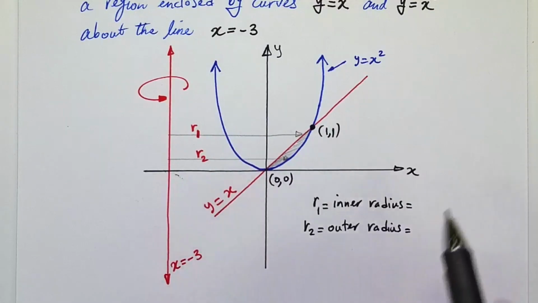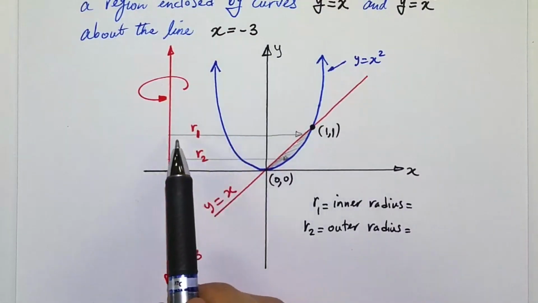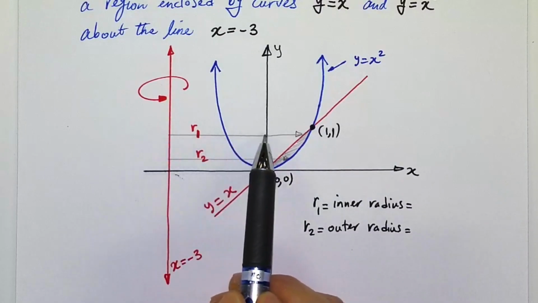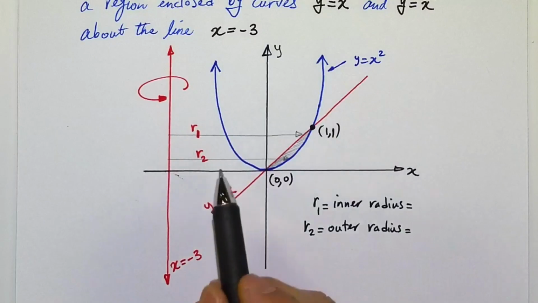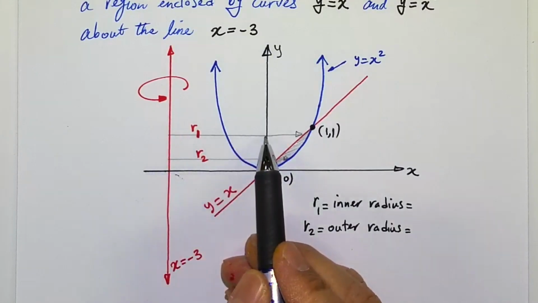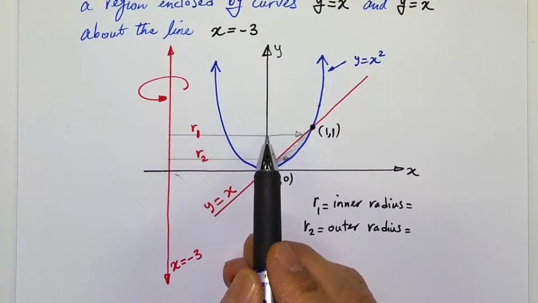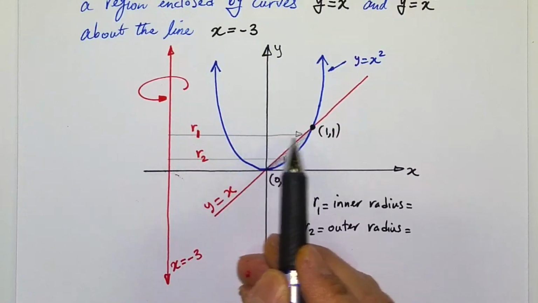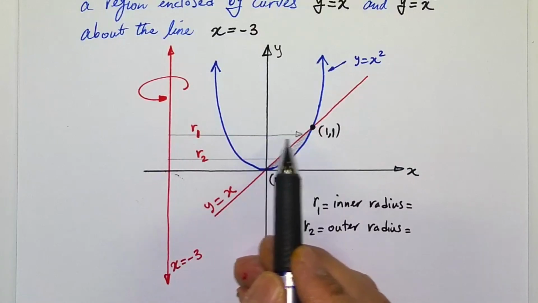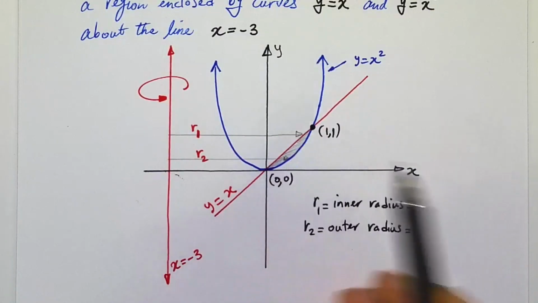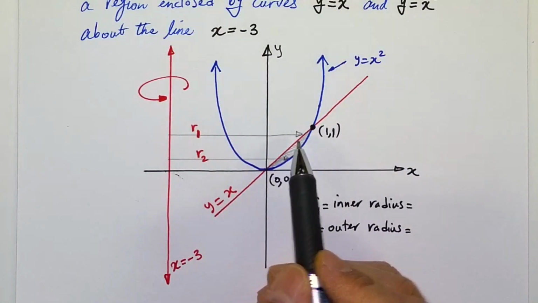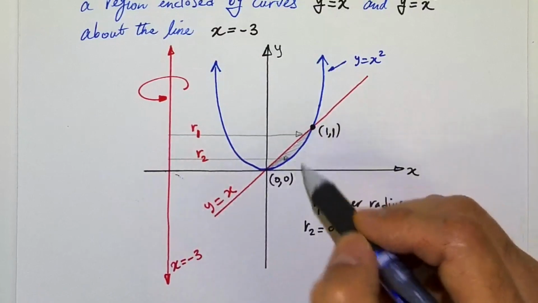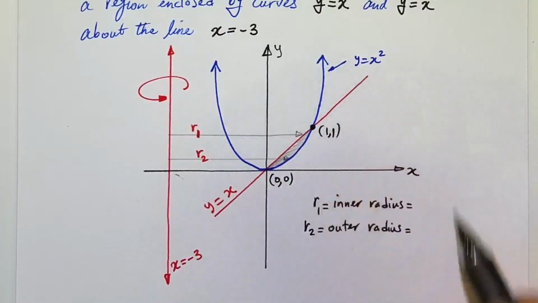And so let's write them out. So this is the distance from this axis of rotation to the y-axis. We know it to be 3 units, right? Never mind if it's negative or positive. It is 3 units. So the inner radius is 3 plus that distance, right? So we need to figure out what that distance is, and I haven't done that yet for the blue quadratic curve.